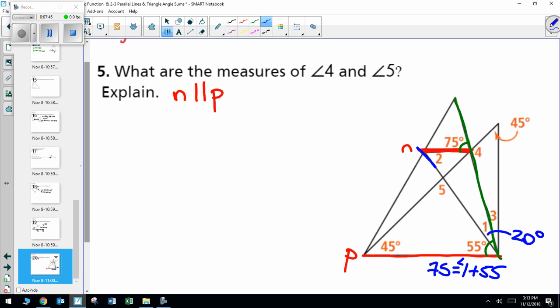So now looking at this line that connects the two parallels, I have a pair of alternate interior angles. So that tells me angle 2 is 55 degrees.